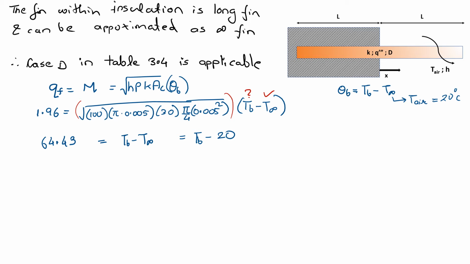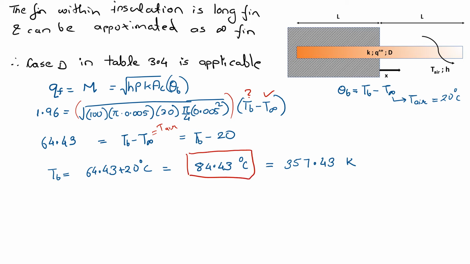So substitute the value of T infinity, which is nothing but T air. So our TB minus T infinity will be equal to 64.43, which gives us TB to be 84.43 degrees Celsius, because our T air was in degrees Celsius, and if you convert it to Kelvin, it will be approximately 357.43.